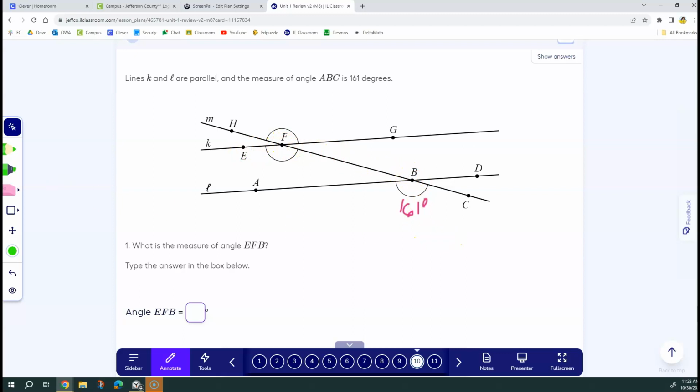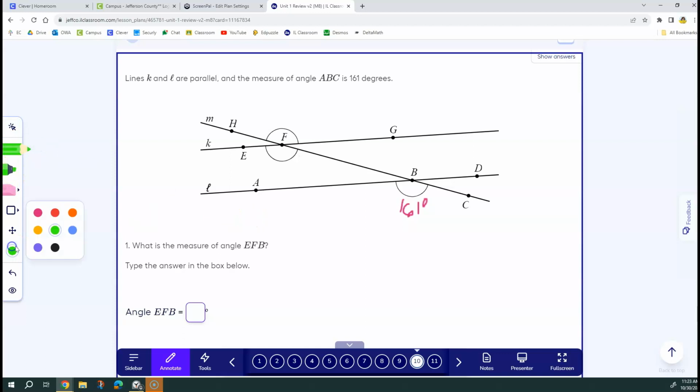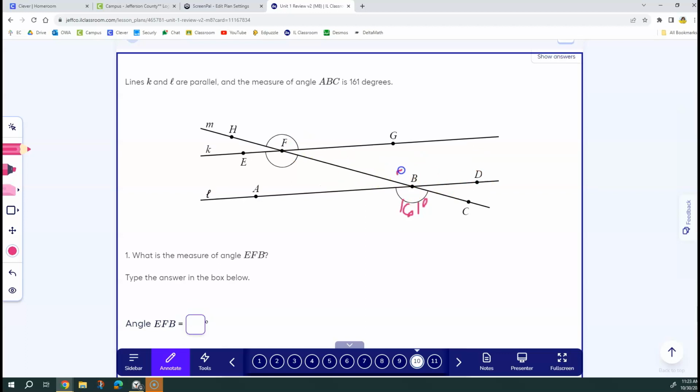Well, let's just do some thinking and discussion here. If this angle right here, ABC, is 161 degrees, the angle that's directly across from it, the vertical angle, angle BDF, is also 161 degrees because vertical angles are congruent, meaning exactly the same.